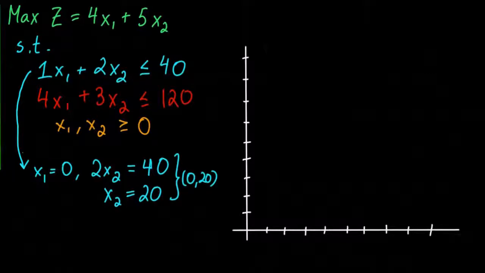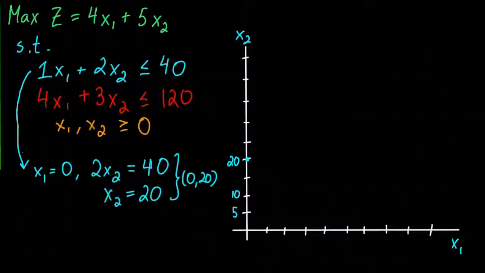And so let me just label the axes here. We have x1, which is typically our x-axis, and x2, which is our y-axis. And let's label the point. We'll label our point here 0, 20. And we can find another point on this line.